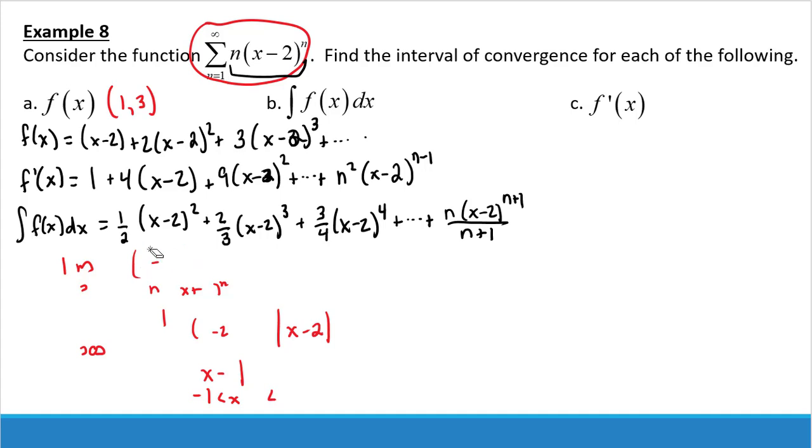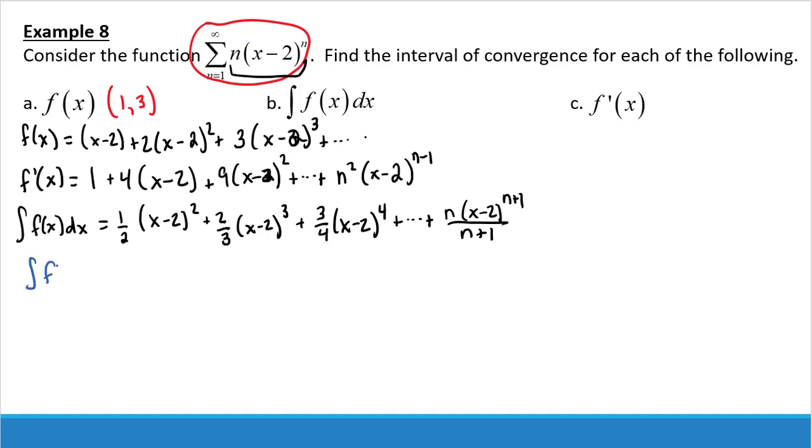Okay, so now let's worry about the integral of f of x dx. You could do the ratio test and get this same interval back. It was funny, I was doing this last night in preparation for recording today.